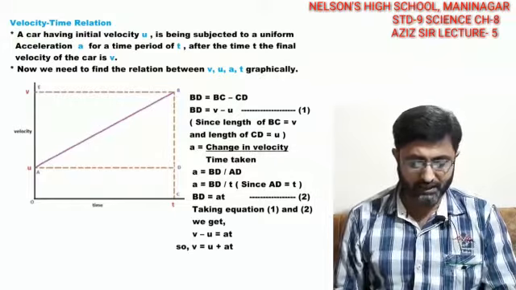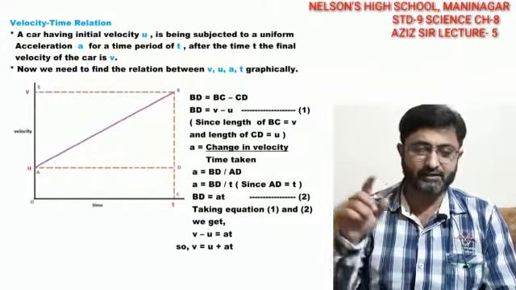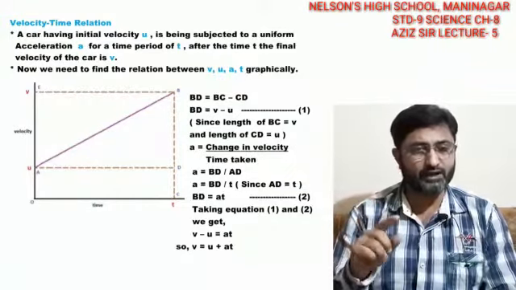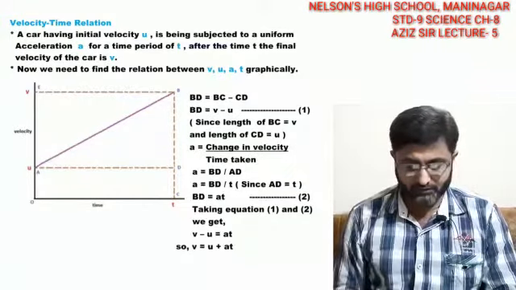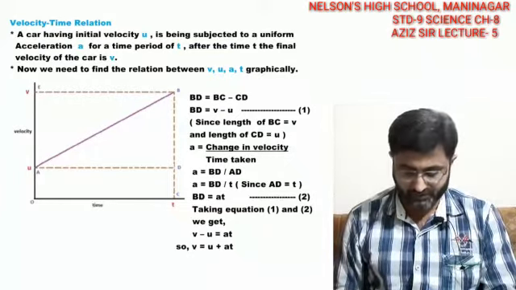Since AD is equal to t, a is equal to BD by t, so BD will be equal to a into t. So here we get a second equation: BD is equal to acceleration into time.